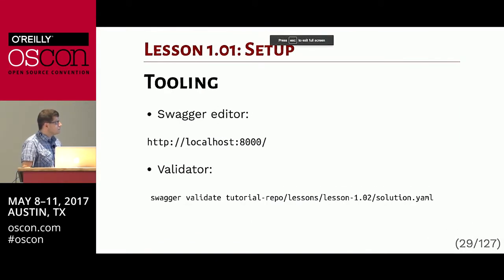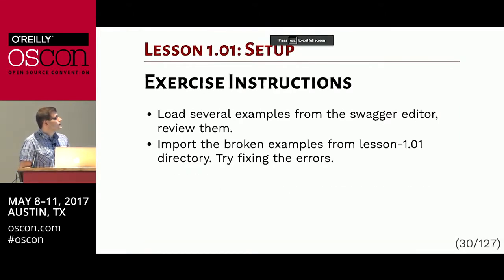So for the first lesson, what you're going to do is exercise the Swagger editor a little bit, load up port 8000, or if you have it installed locally, it might be on a different port, and also go to lesson 1.01. There are a few broken examples there, so you can practice the YAML syntax Dave talked about, and try to fix those examples to have them as a valid Swagger.